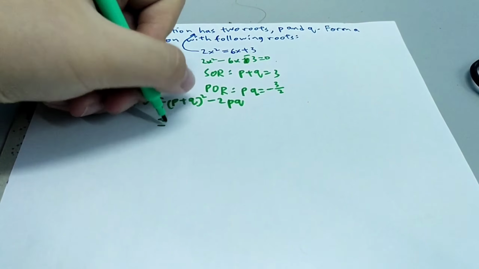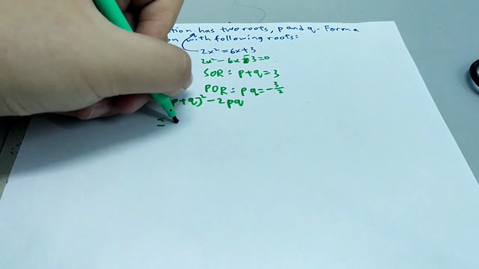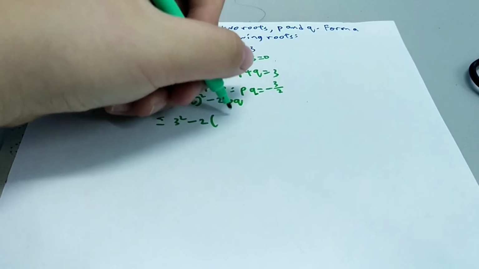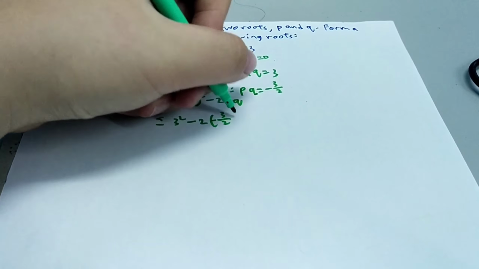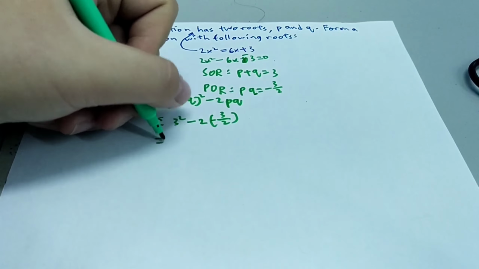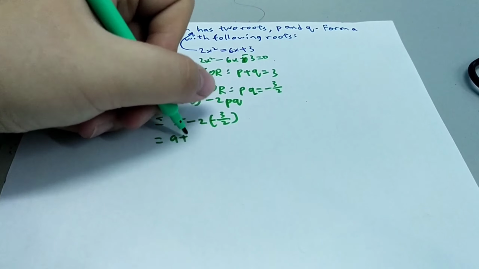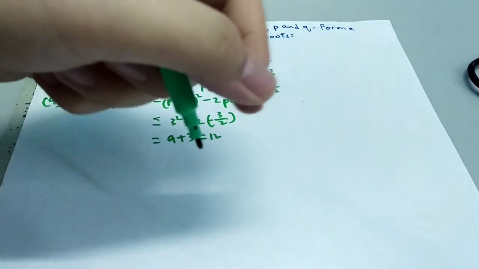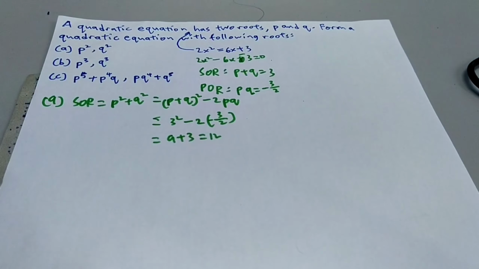So it is equal to 3 squared minus 2 times negative 3 over 2. So it is equal to 9 plus 3, which is equal to 12. So the sum of roots is equal to 12. And then let's figure out the product of roots.